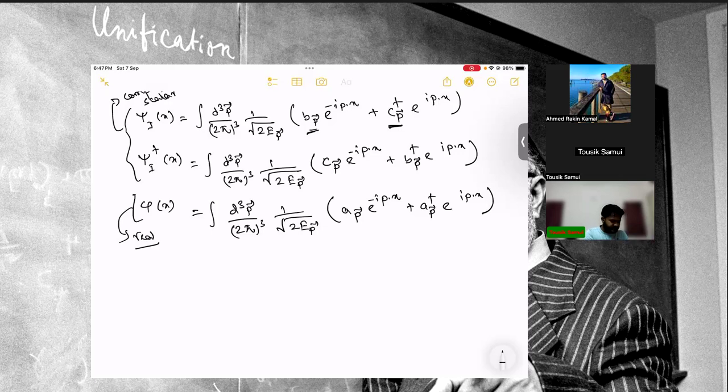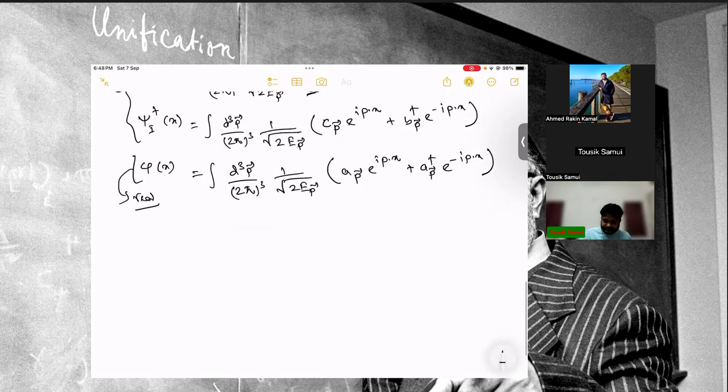Does the sign reverse? The sign reverses, but okay, so annihilation was with plus. It comes with the positive. So it was correct, actually. That's why it's minus as well. Okay.